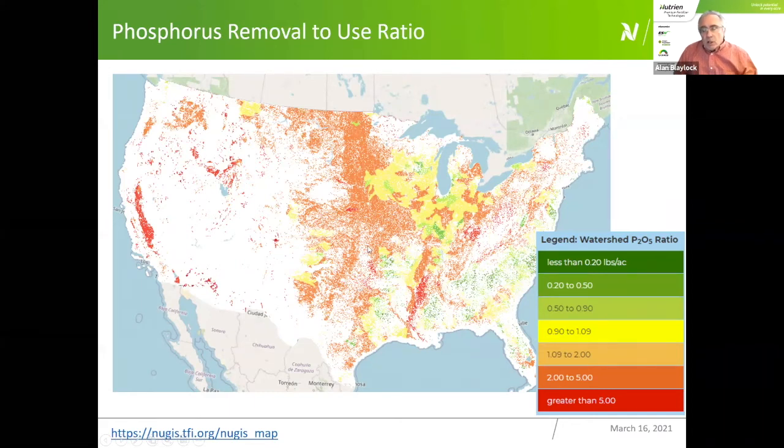Now, these are plotted for the cropland only. You can view the whole map, but some of the data doesn't make sense. For example, out here in the West, we have large areas that are just rangeland or mountains, and so that data doesn't make sense, and you can put the overlay to only show the crop data.